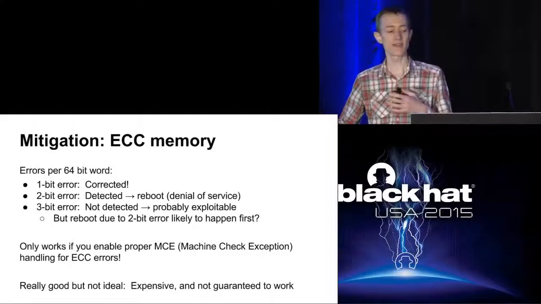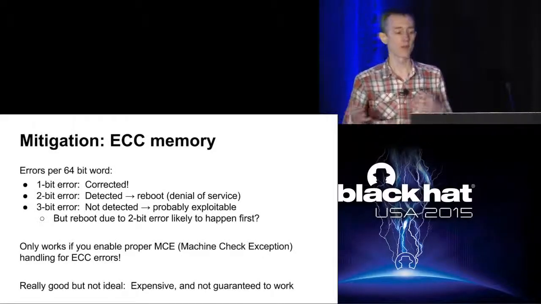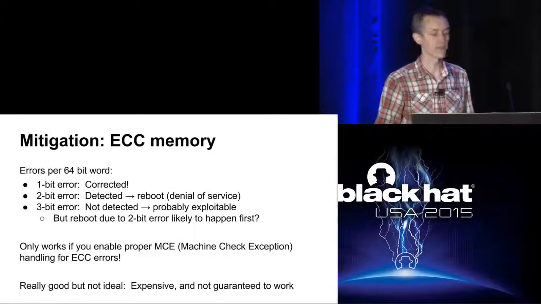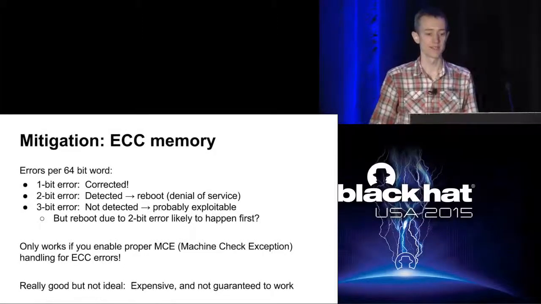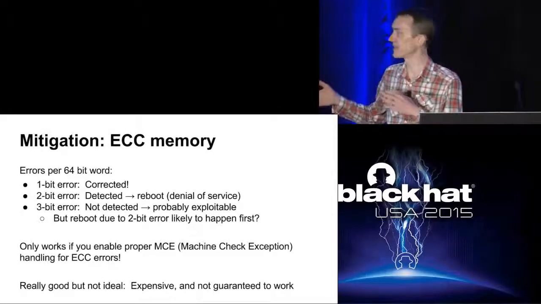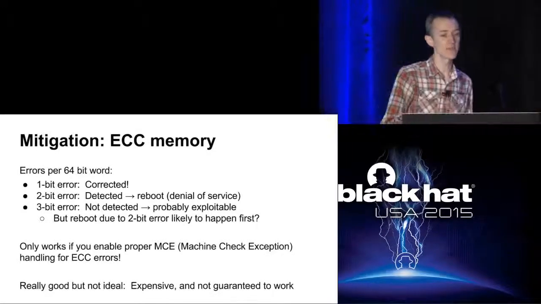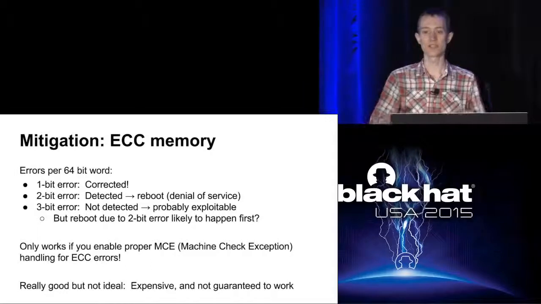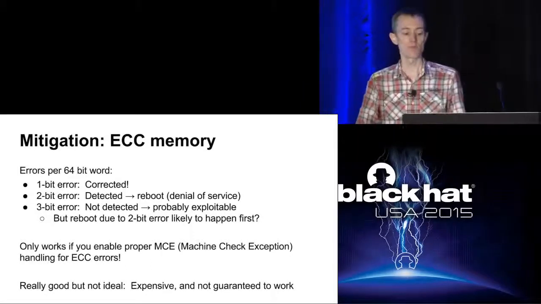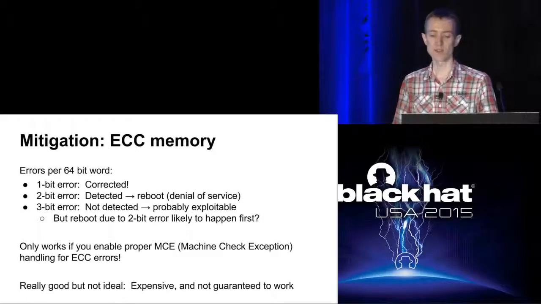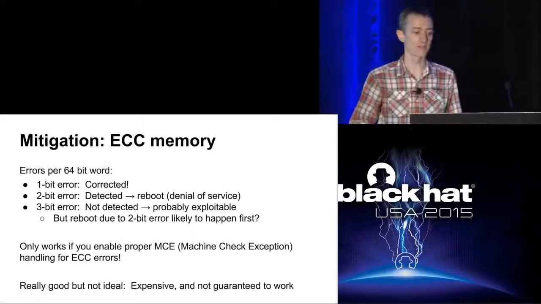So ECC can correct some errors, but not all of them. It usually depends on how many bit errors you get per 64-bit word. So if you get 1 error, ECC can correct that. If you get 2, ECC can detect it, but it can't correct it, and that usually leads to a reboot. But if you get 3 errors, ECC can't even detect that, and those errors will be visible to software.